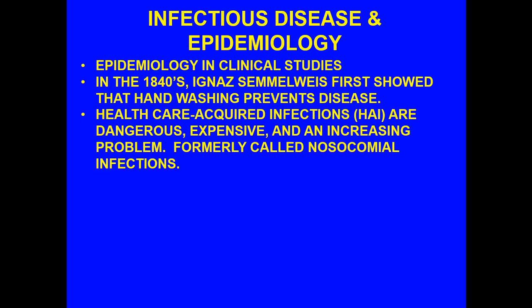Now, we formerly used the term nosocomial infections when we talked about this. But there are a variety of strategies that infection control specialists are working on in healthcare facilities, not just hospitals, but also nursing homes, etc., to try to limit or actually reduce incidence of HAIs in these facilities.